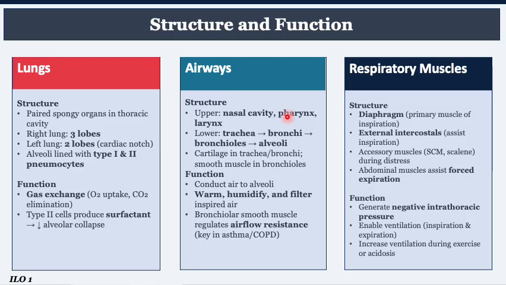So let's jump into it. We're going to start off talking about the structure and function of the pulmonary system. This is made up of lungs, airways, and respiratory muscles. The structure is a pair of spongy organs in the thoracic cavity. The right lung has 3 lobes, the left lung has 2 lobes and a cardiac notch.